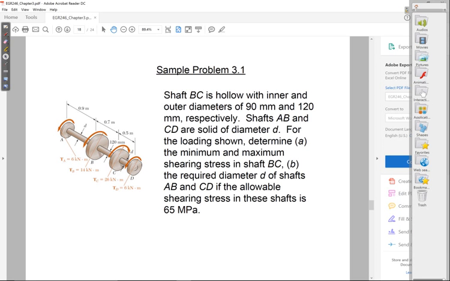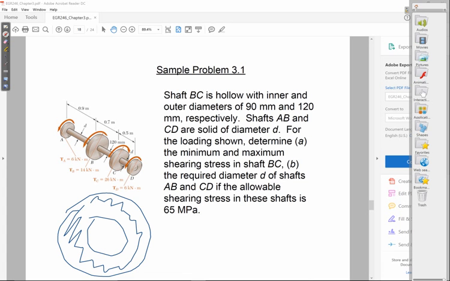But if you're trying to find the shearing stress in a hollow shaft and you look at the cross section, you have two radii. You have the inside radius and you have the outside radius. And since stress is T rho over J, if you don't like the use of this Greek letter rho, just look at it as T r over J, with r for radius.